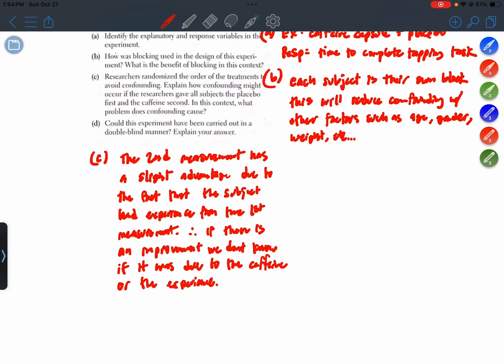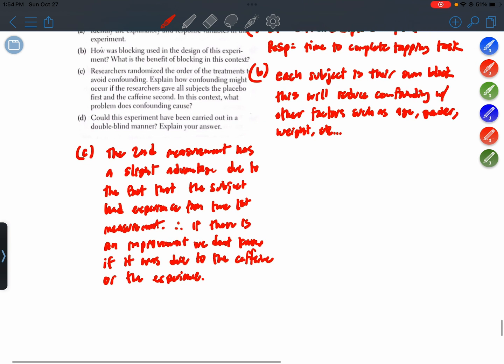In other words, we cannot isolate the improvement to the caffeine. It could be some other reason, right? Now there's something that's systematically different in all of those second measurements, which is just the experience that subjects get from doing the same task a second time.